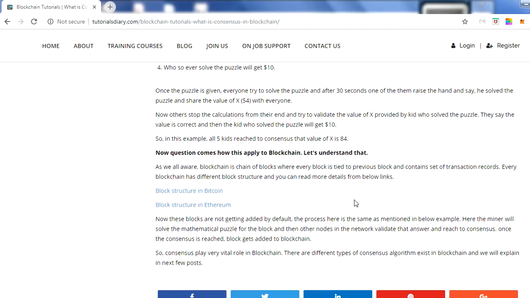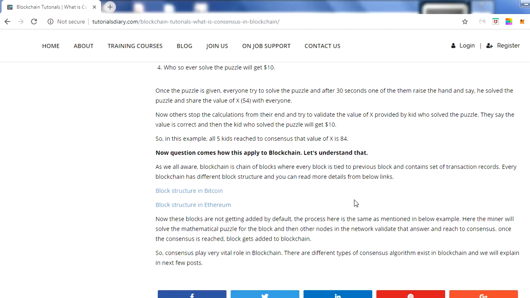Now the question comes: how do these blocks get added to the blockchain? The block only gets added once it is validated by other nodes. Let me give you one example. Suppose in the same example, x plus 55 by 11 is equal to 89.